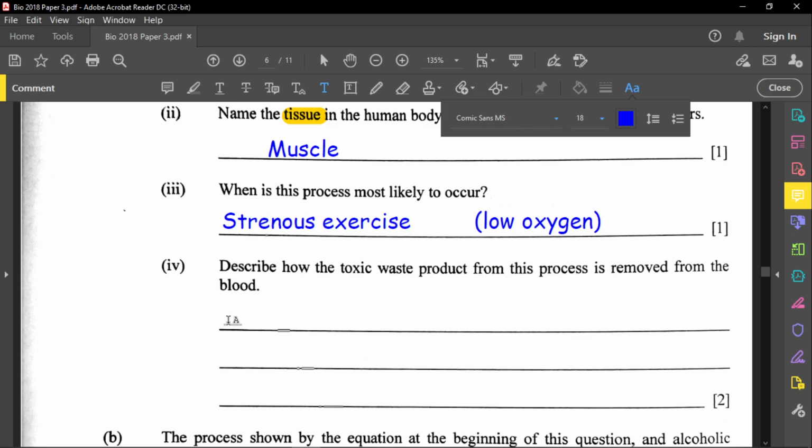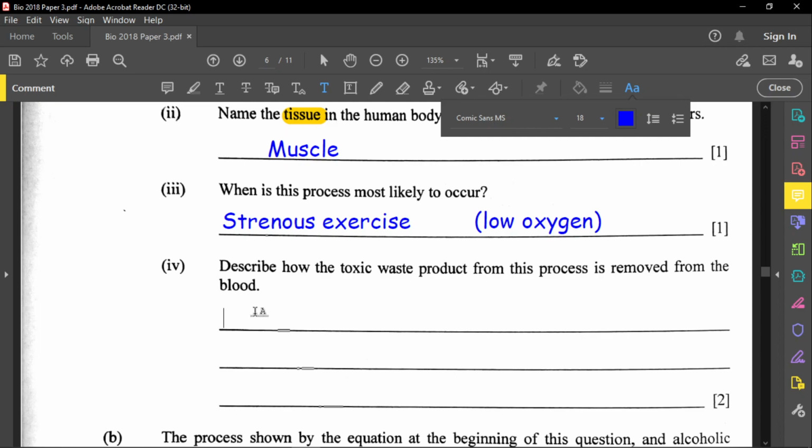To remove it, think about how it is formed: it's formed because of low oxygen. So to get rid of it, you have to increase the level of oxygen. That is why after an exercise, especially strenuous exercise, you breathe harder and your heartbeat increases to pump more oxygen to the cells or muscles of the body so you can get rid of lactic acid. You have to repay your oxygen debt.